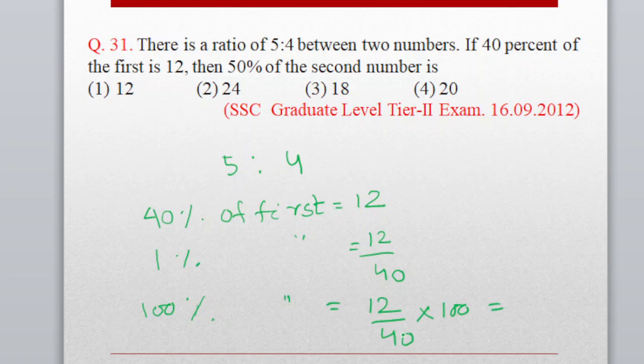So here this 0 cancels this 0, and 4 3s are 12. So this is equal to 30. Now that means first number is 30.